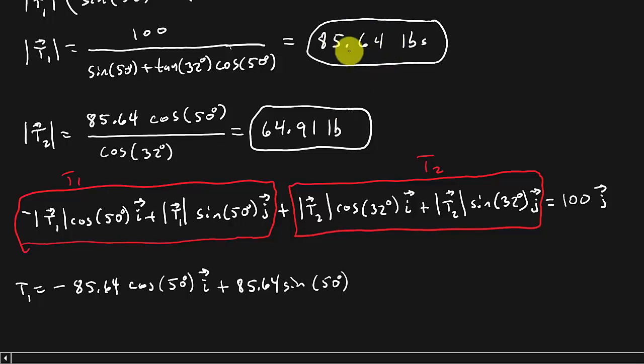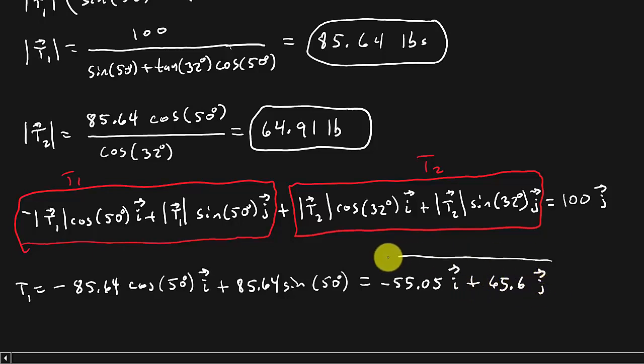All right, so I just took this number and plugged it in for T1 there. See, that's what it is. And so I get T1 is equal to negative 55.05 times vector I plus 65.6 times vector J. So there's T1.